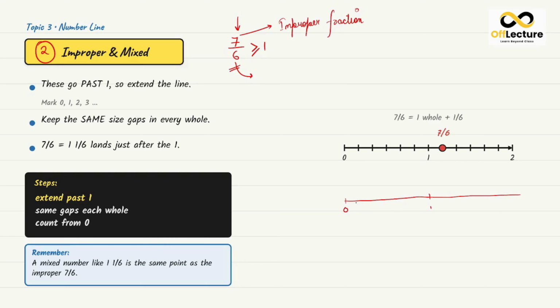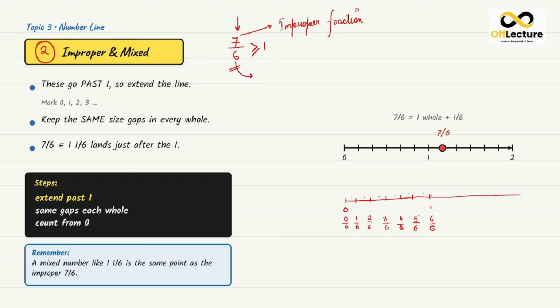we will create 6 equal parts between 0 and 1. So 1, 2, 3, 4, and 5 dividers: 1 part, second part, third part, fourth part, fifth part, and sixth part. If we write the labels, this will be 0 by 6, 1 by 6, 2 by 6, 3 by 6, 4 by 6, 5 by 6, and then 6 by 6.